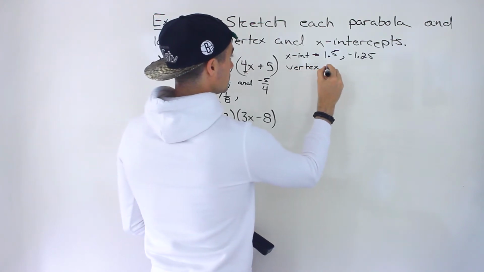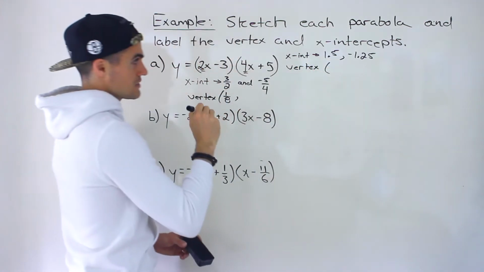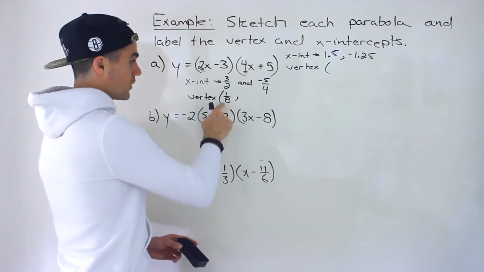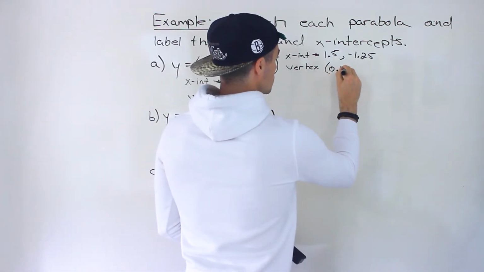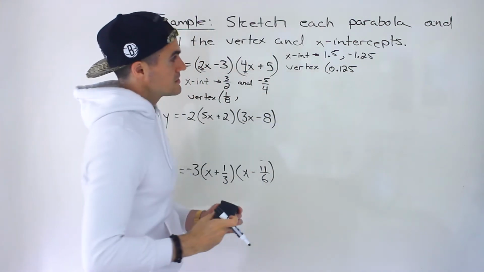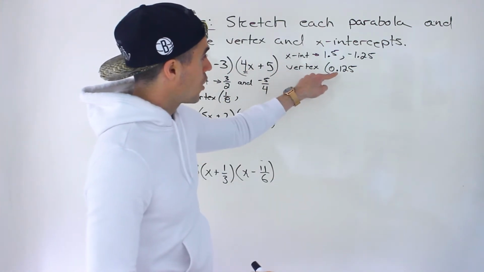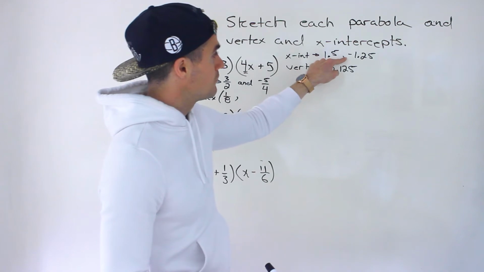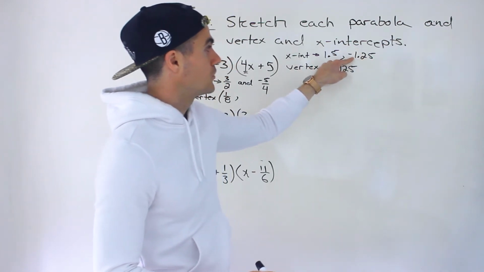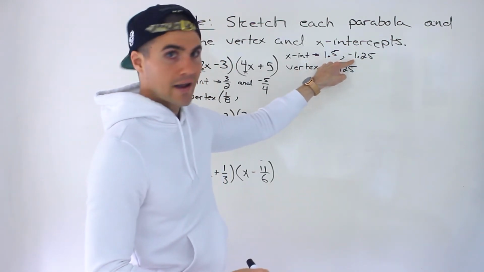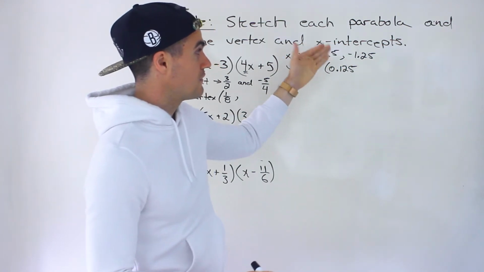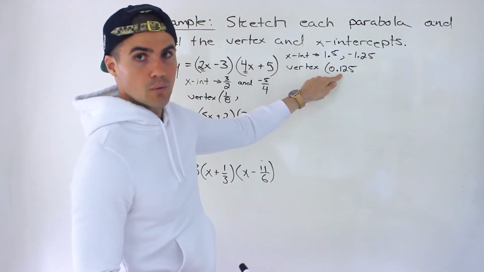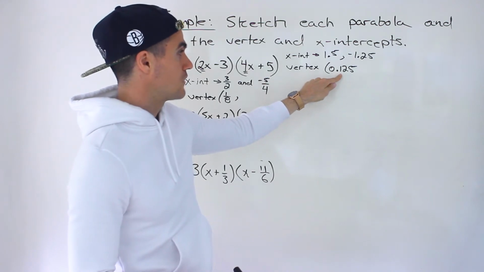Notice if we convert everything to decimals, 1 over 8 ends up being 0.125. And so you could check quickly with decimals, are we getting that? So if we take 1.5 plus negative 1.25, that'd be like 1.5 minus 1.25, which would give us 0.25. Then when we divide by 2, we end up with that 0.125 right there.